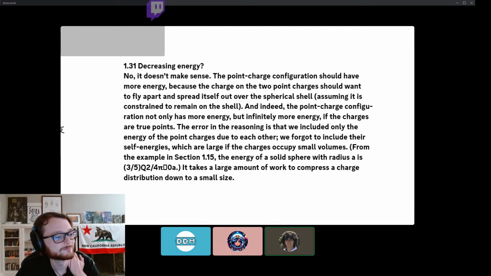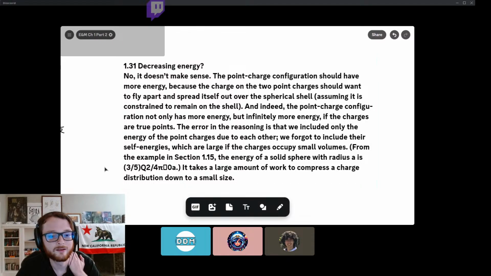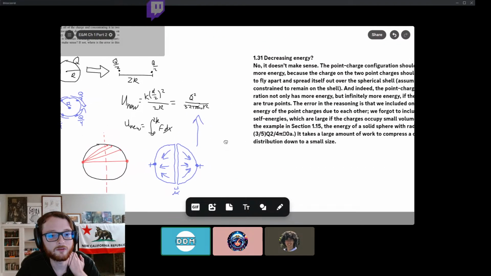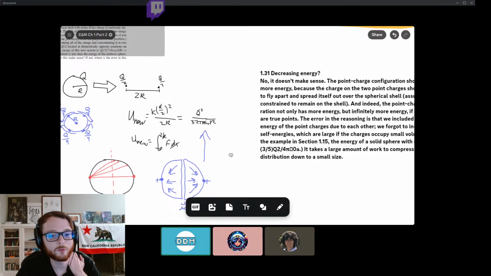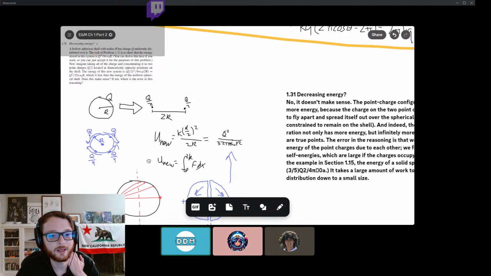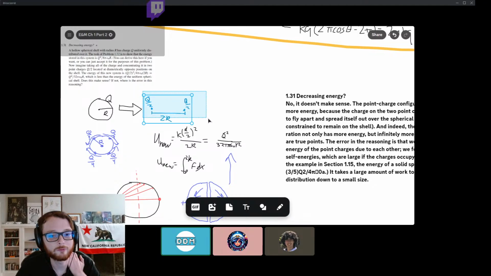Somehow it seems like this U must be measuring something different, right? It should be potential energy. The work integral and the stuff I wrote with U sub nu is if this Q over 2 situation happened in a vacuum, like we brought one of the charges in from infinity, but we're not.